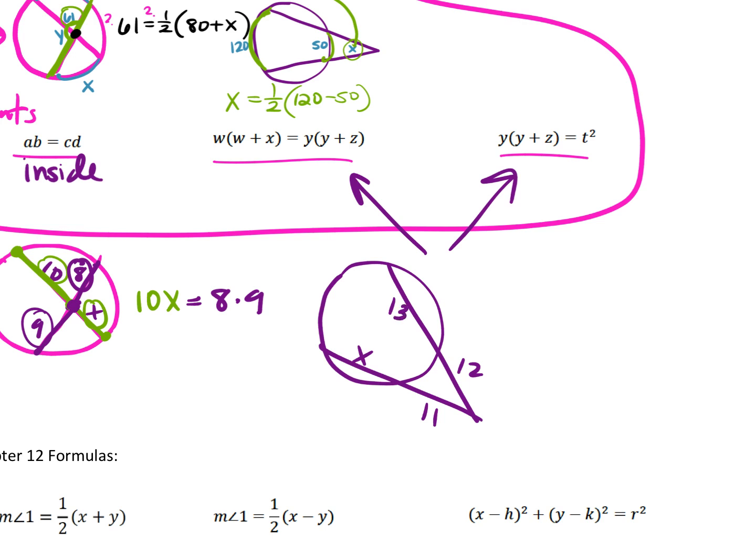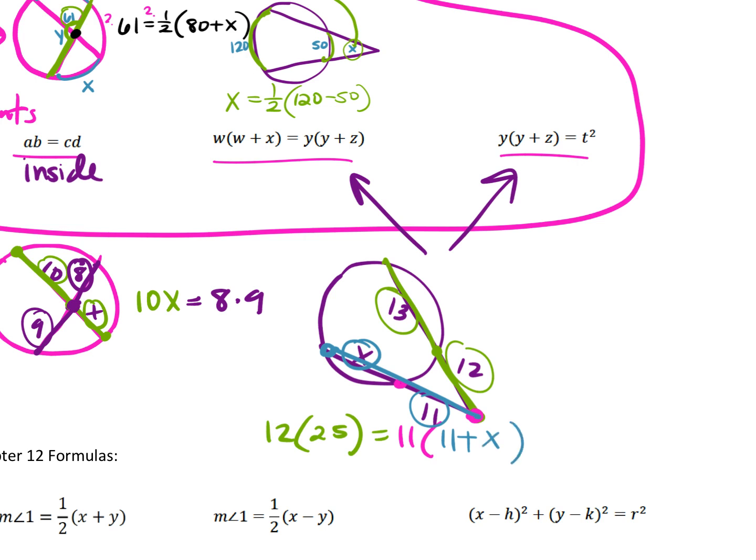I have no idea if this would even work out to nice numbers, so don't try to solve this, but this would be from the point to the circle is a length of 12, and then from the point to the other side of the circle is 12 plus 13, or you could just call it 25, and then that would equal, from the point to the circle is a length of 11, and then from the point to the other side of the circle is 11 plus X, and then from there, solve for X.